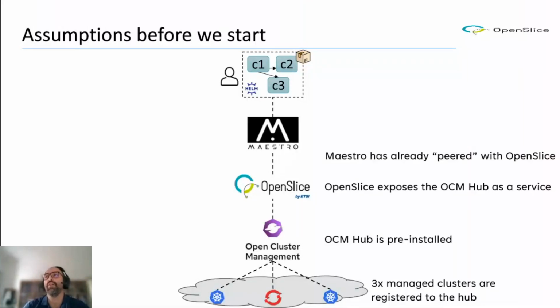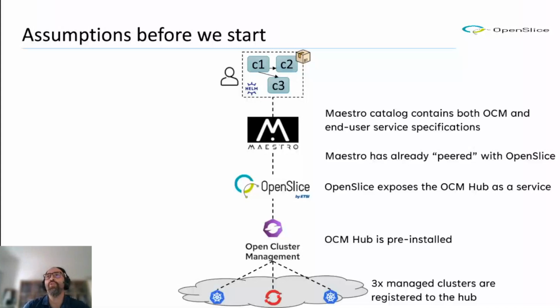This is one of the functionalities of Maestro, that it can pair with various OpenSlices. We can think of OpenSlice as a point of presence in various domains, so Maestro can connect and interact with all of these. In our case it's one, but Maestro can do that with multiple domains. The Maestro catalog contains this OCM and also end-user specifications that are used by the user in order to deploy the service.